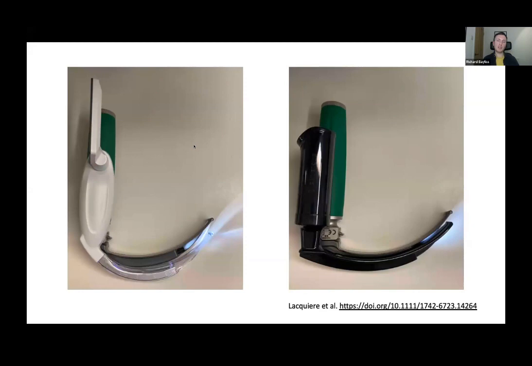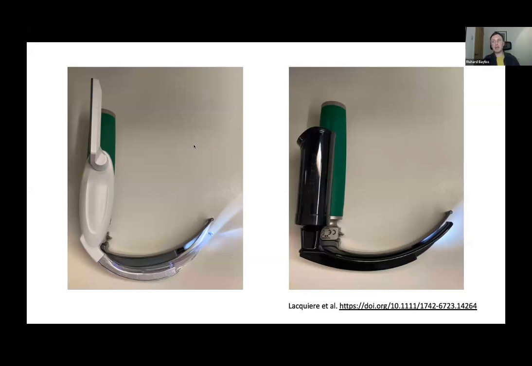One of the things they attributed this to is that the blade geometry is much closer to what they're used to, whereas the McGrath has that extra acute angle, so it's a bit of a change to practice.